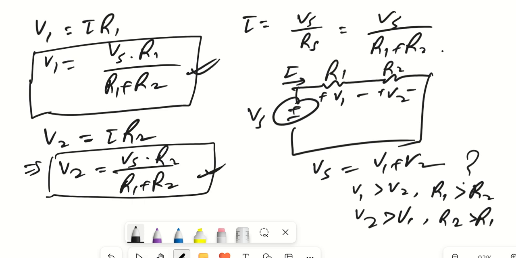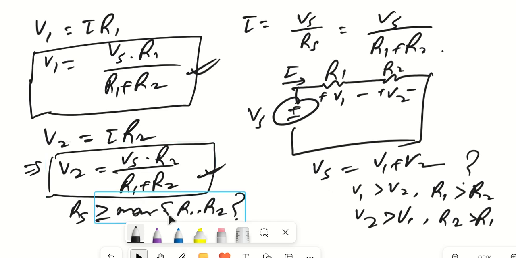Now we'll also understand that the equivalent resistance that we found, Rs, must be greater than or equal to the maximum of R1 and R2. So if you have n resistors in combination, it will be greater than all of them. Understood? So this is what we wanted to tell you.